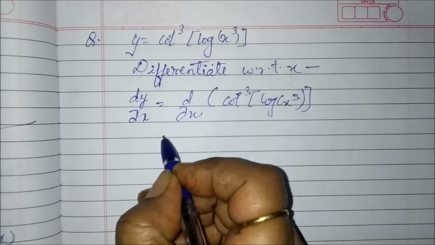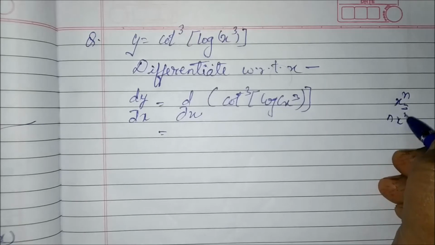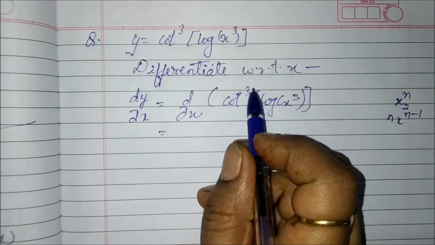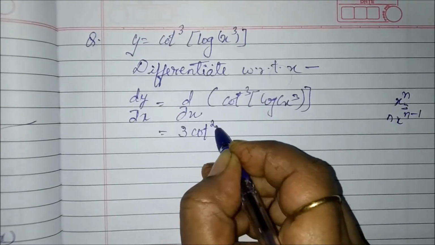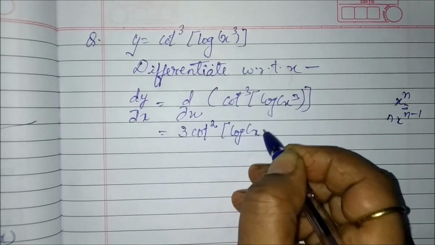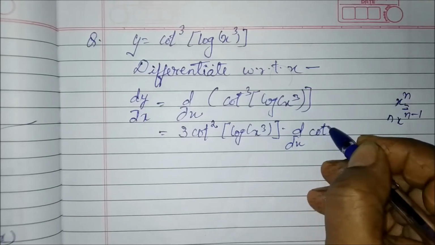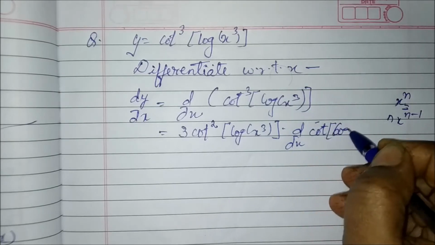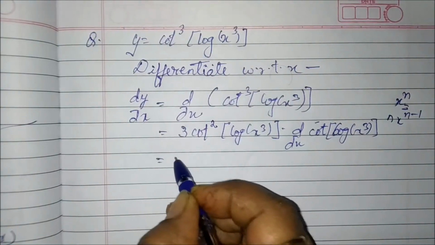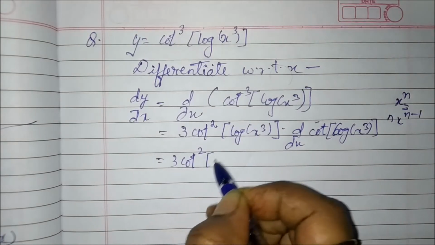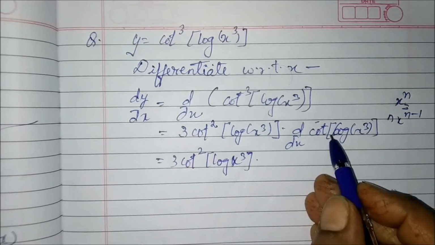Just as we differentiate x raised to n, in the same way we differentiate this cot cube. This is taken as x, this is n. So we have 3 cot square log of x cube into d by dx of cot of log x cube.